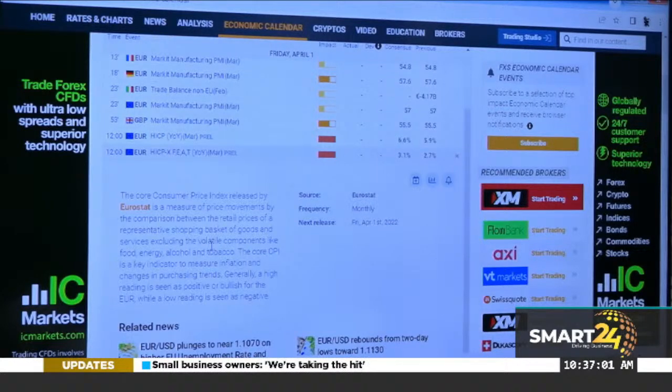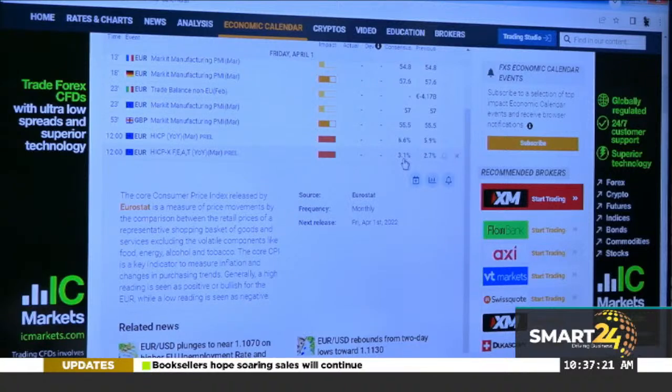Okay, but it doesn't explain all this. Anyway, previous figure is 2.7%, and the consensus is 3.1%. So this one here is bullish or positive or hawkish, whichever term you want to use.